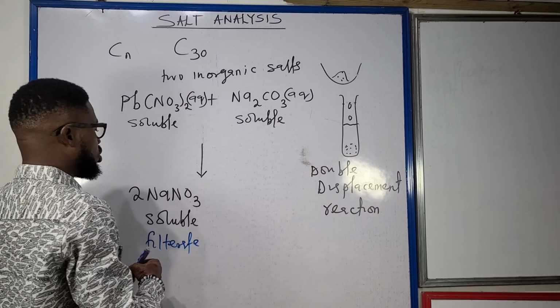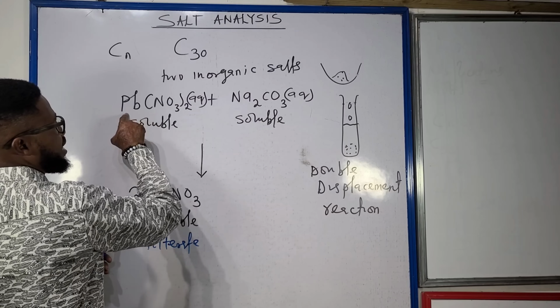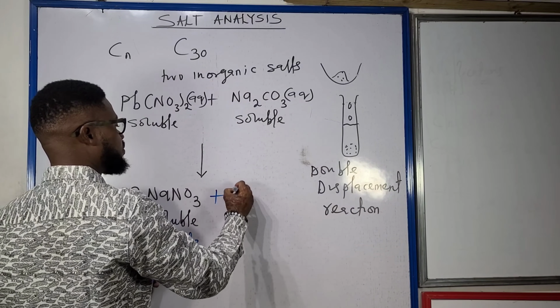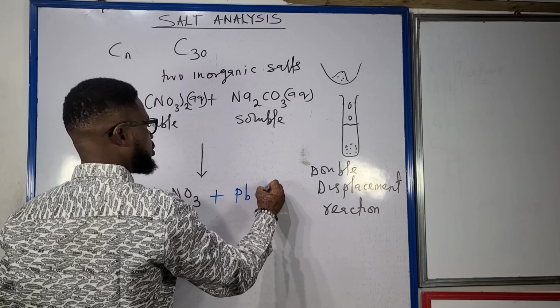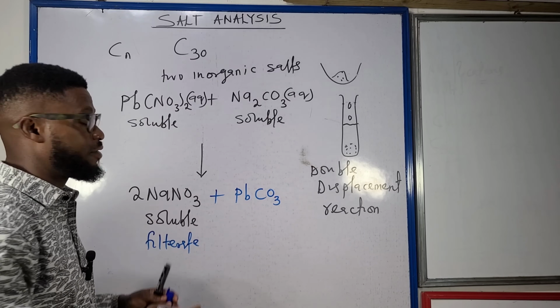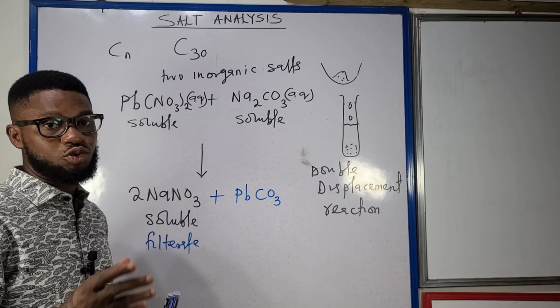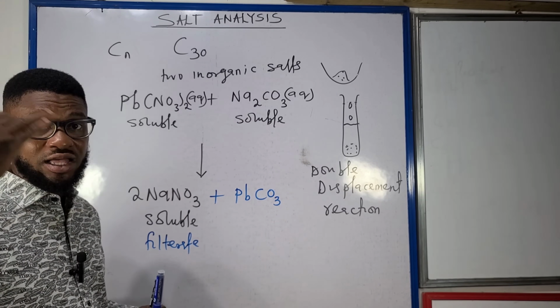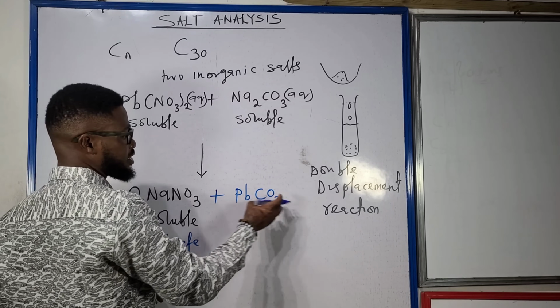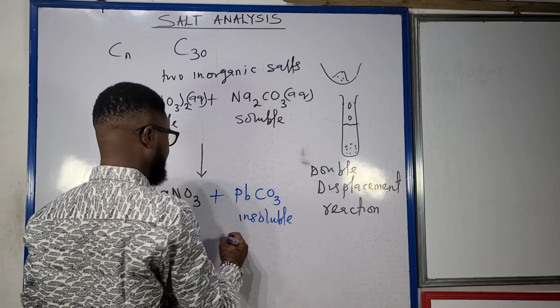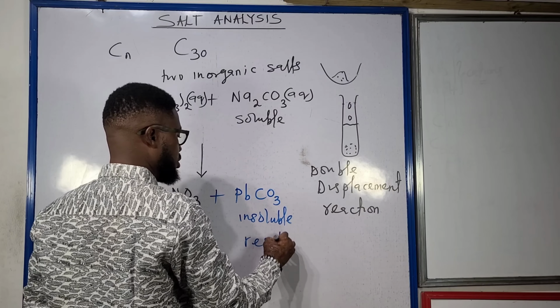And then you're going to have lead combining with carbonate. So in this case, you have plus lead carbonate. We all know that all carbonates are not soluble except for the carbonates of sodium and potassium. So lead carbonate is insoluble, and this here is going to form our residue.